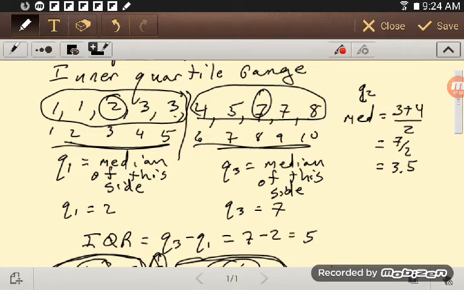But it would substantially change the average, and because it substantially changed the average, it would also change the standard deviation.